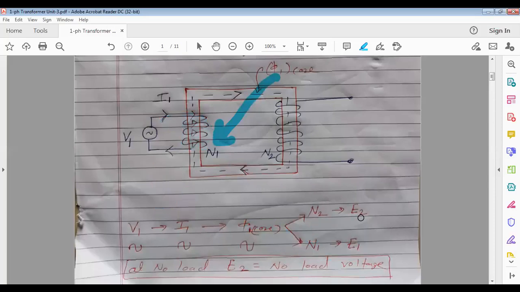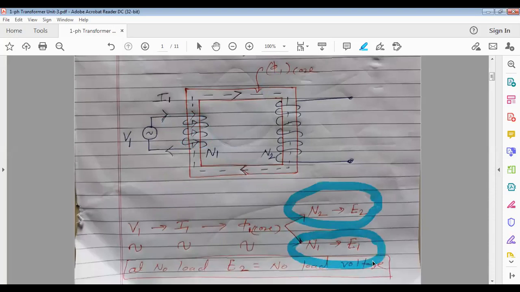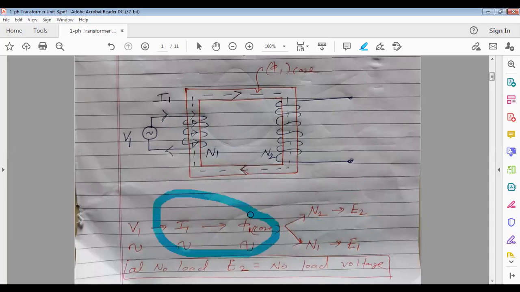Now see here, E2 gets induced in N2 number of turns and E1 gets induced in N1 number of turns, and the flux is produced by primary winding N1 I1. So flux is produced by N1 I1. So out of it, E2 will be self or mutually induced EMF? Mutually. Correct, mutually induced EMF will be E2 because flux is produced by N1 I1 turns and EMF gets induced in N2 number of turns.